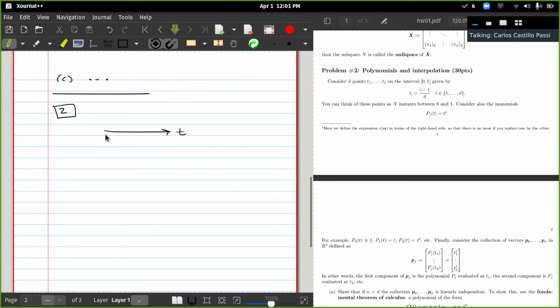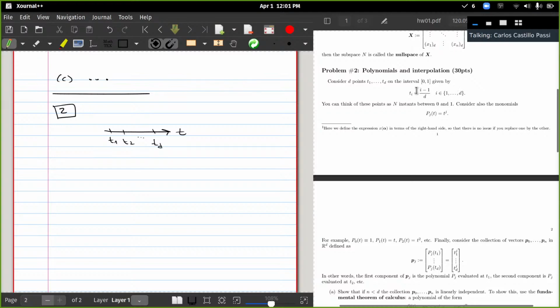You have t sub 1, t sub 2, until t sub d, and they are defined with this expression, i minus 1 divided by d, and i, this running index, goes from 1 until d.